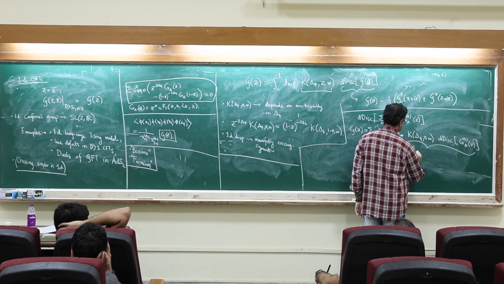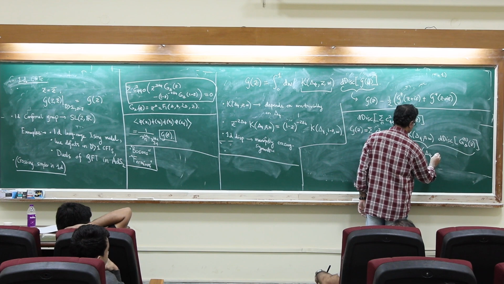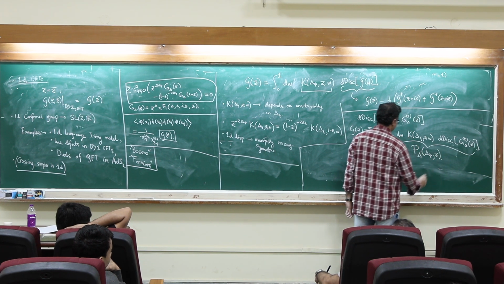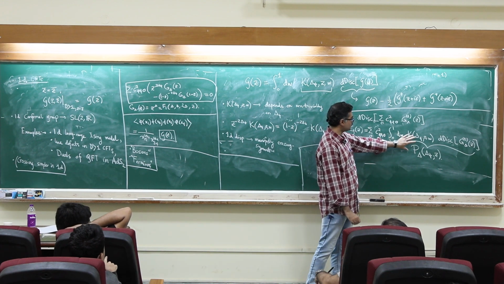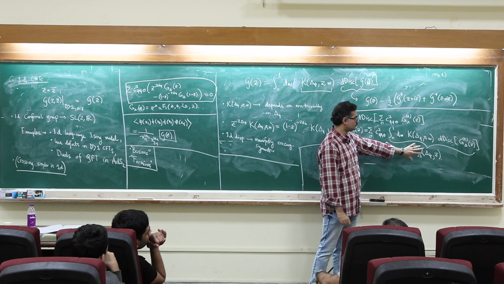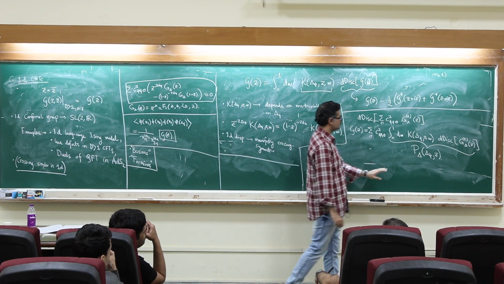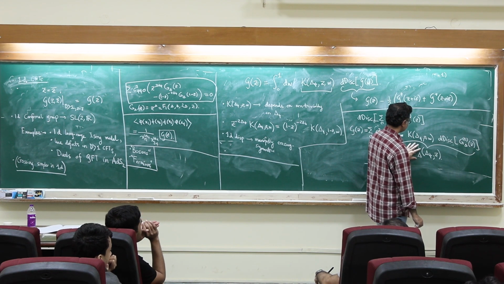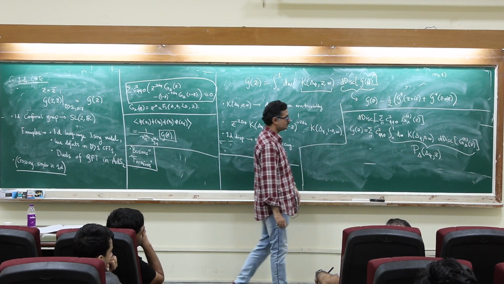We can call this object P. This representation gives us an expansion of the correlator in terms of these objects, and you can show that this object is nothing but a crossing symmetric sum of Witten exchange diagrams in AdS2.